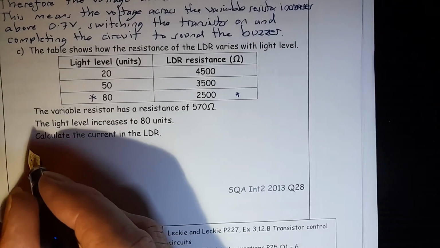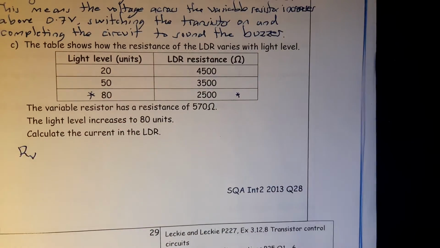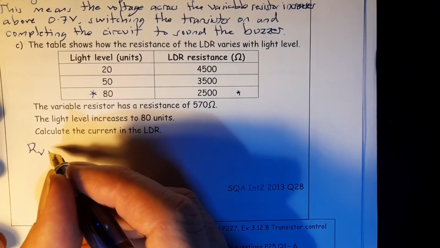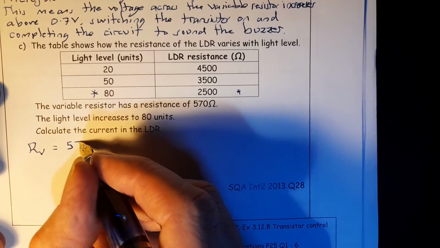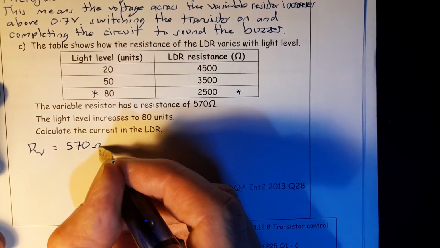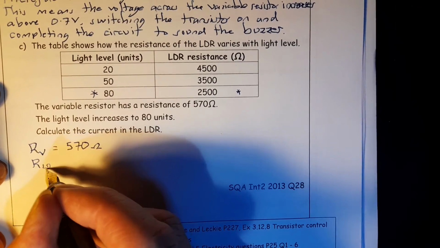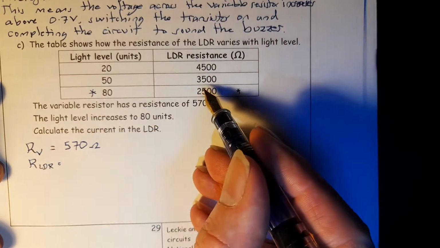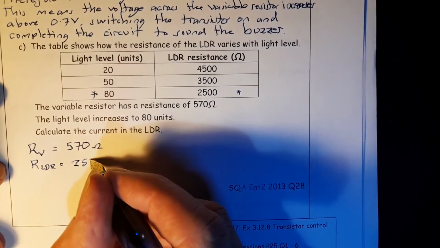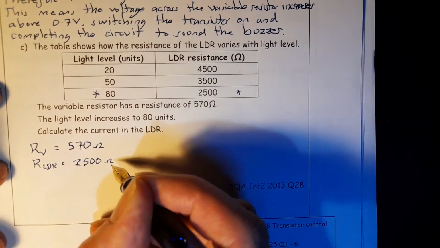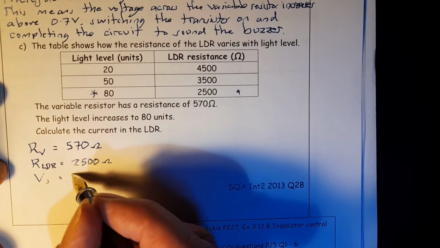The first thing I've got is RV, it's 570 ohms. And then the resistance of the LDR, which will be 2,500 ohms. And I also know the voltage on the supply, which is 5.0 volts.